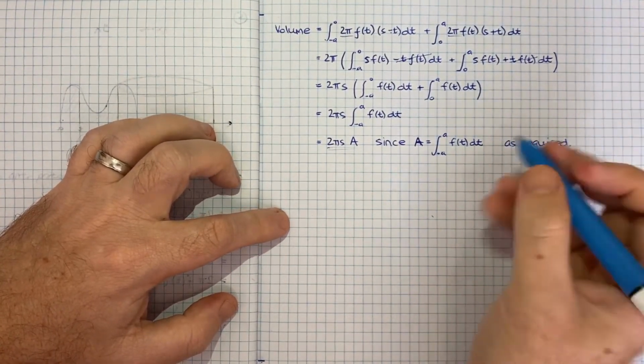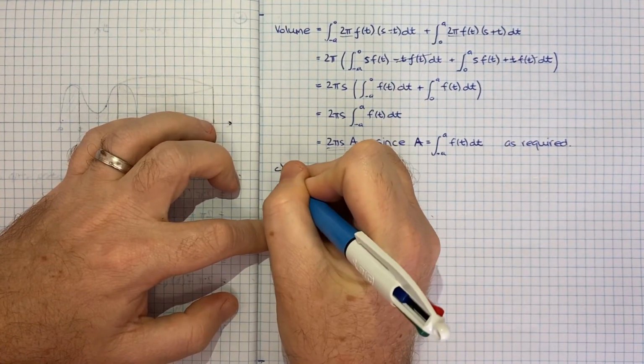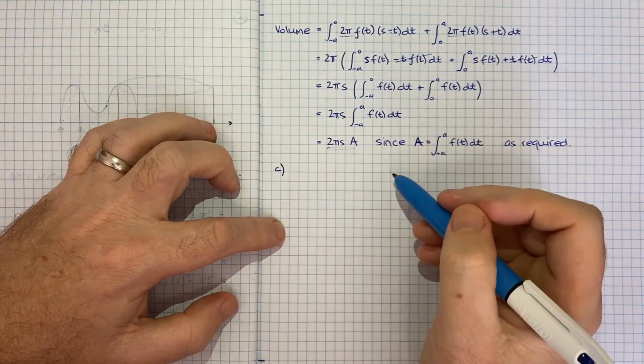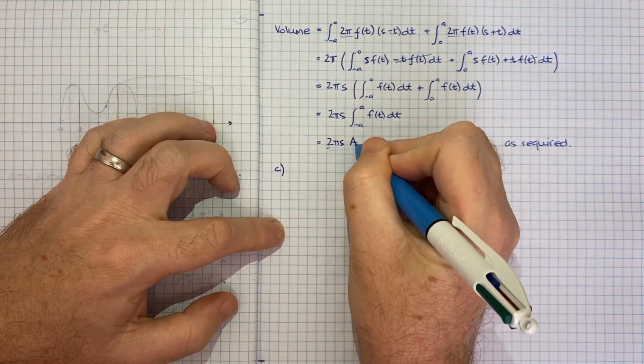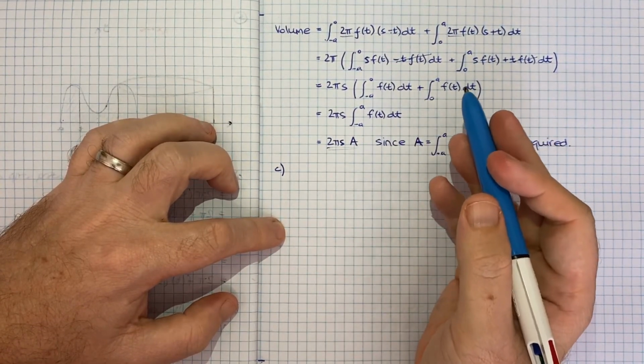So now that leads us to part C, and part C wanted us to link up this result we've just shown with what we showed in the prior question.